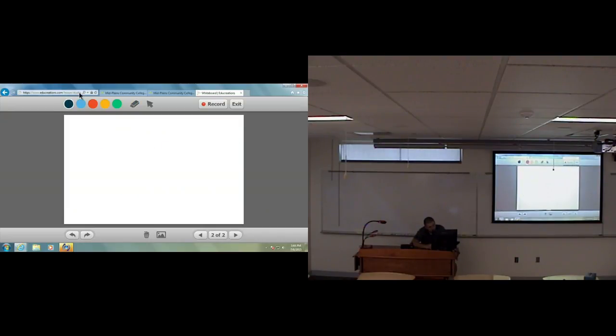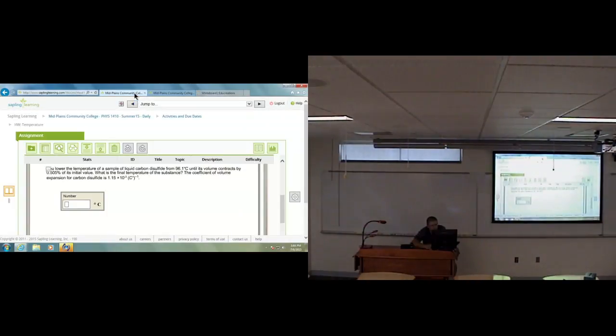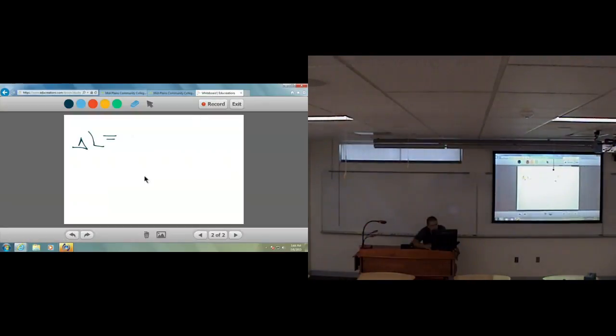Okay. Anyway, we have this change in length thing going on, right? Equals m. No, that's not right. I can't remember the equation. Is it alpha? It looks like a capital V almost, I forgot the name. Beta?